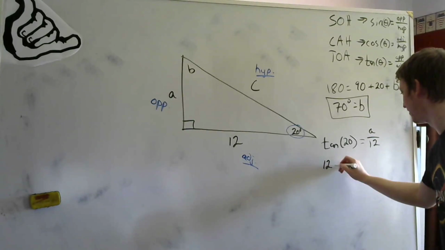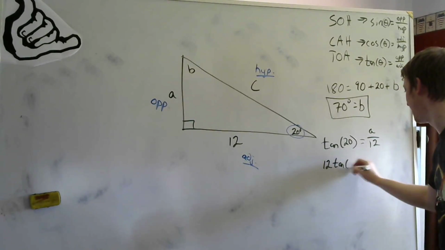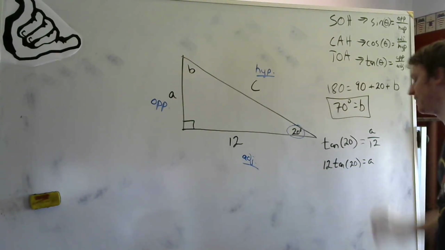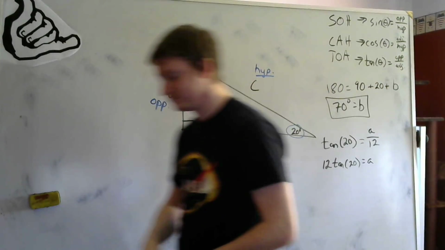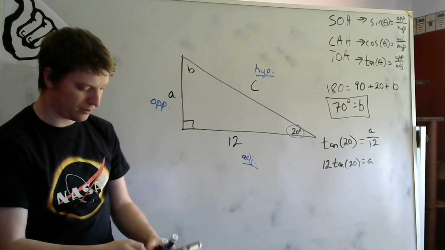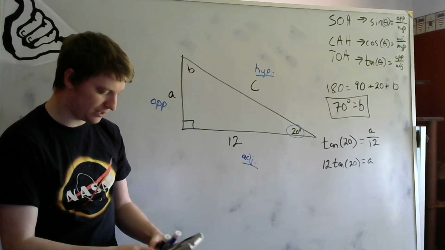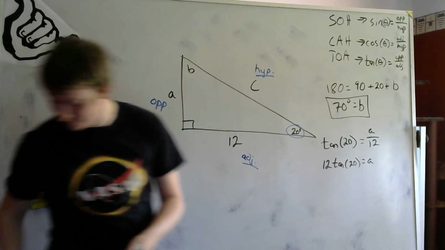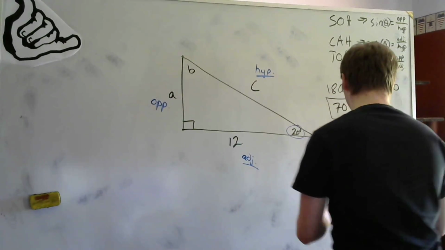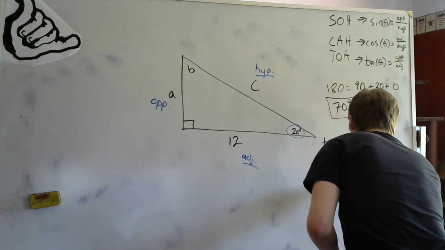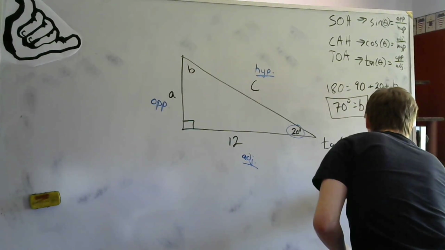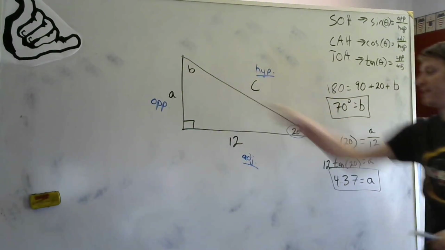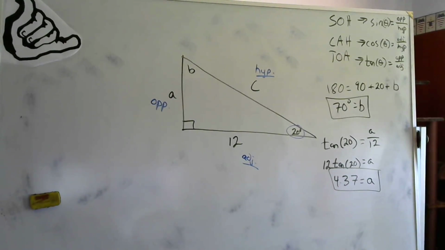Therefore, if I multiply both sides by 12, I've got 12 tangent 20 equals A. 12 times tangent of 20 degrees gives me 4.37. So side A over there is 4.37.